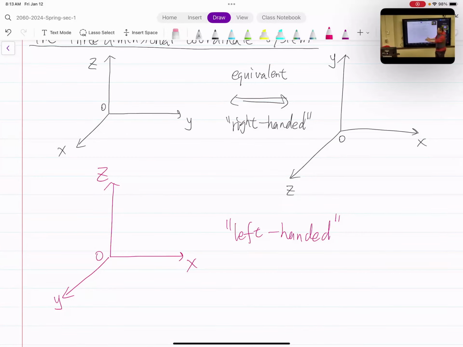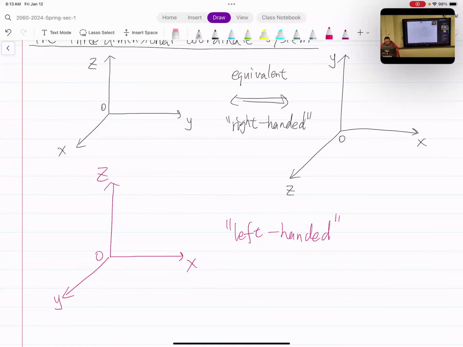The four fingers will go along the x-axis direction, right? And now I want to bend my fingers along the y direction, which is pointing towards myself. And finally, the thumb is pointing downwards. If it were a right-handed system, then the axis must be downwards, but now this is pointing upwards. So this is exactly opposite. That's actually a left-handed system.